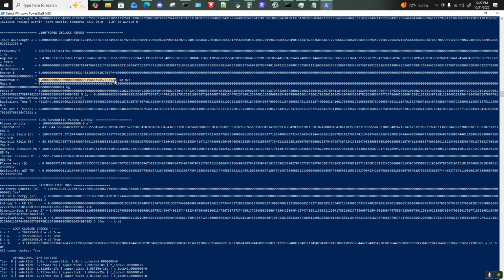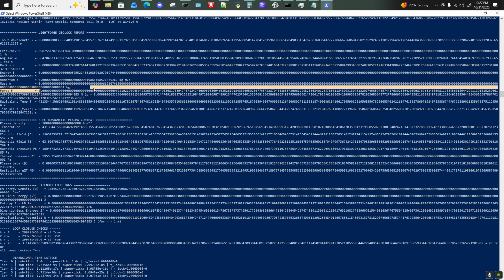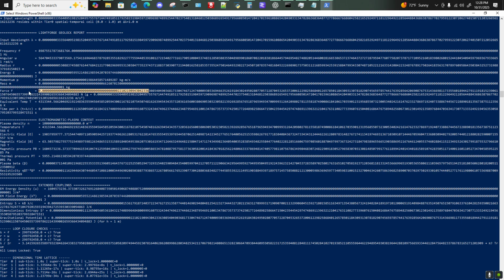See, this number is now here under momentum. Planck's constant has shifted to mass, and the one that was on mass is now force. So all these units shift one of these rows when you reach the speed of light squared in frequency.